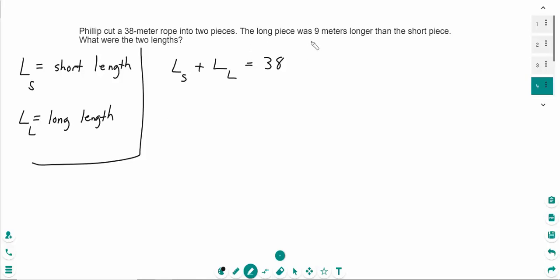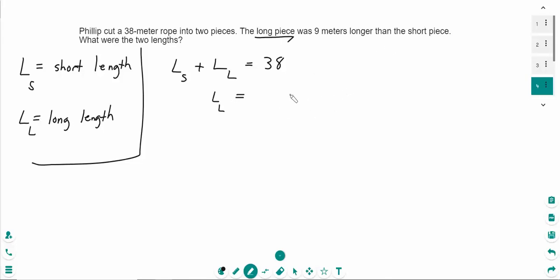So the long piece was 9 meters longer than the short piece. So it starts by talking about the long piece. So let's just write that, the long piece. And what are we saying about it? It equals. Remember, was and is usually means equals. So the long piece was 9 meters longer than the short piece. Okay, so it was all of the short piece, right?